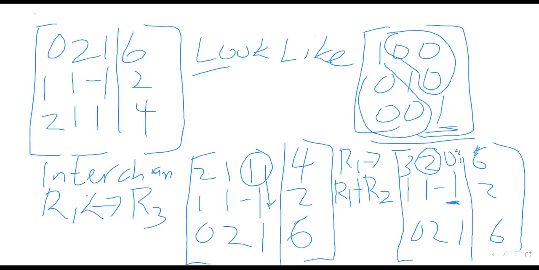So if I want to change this -1 to 0, I work on row 2: row 2 plus row 3.